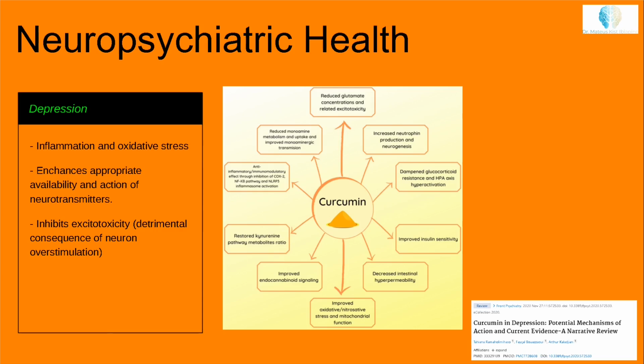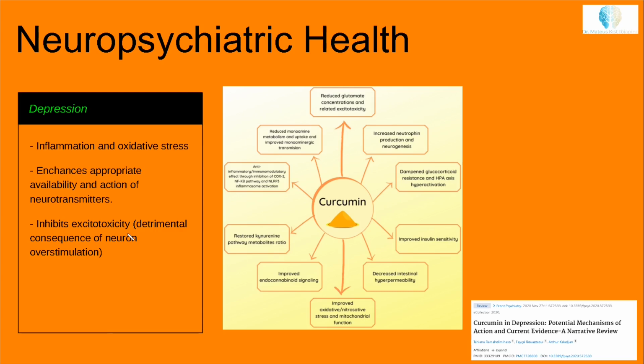And we can see in this picture right here that curcumin might have a beneficial effect in many of these pathological processes. One of the most important being that it inhibits excitotoxicity. What is excitotoxicity? When a neuron is overstimulated, it causes a detrimental effect to the health of that neuron.